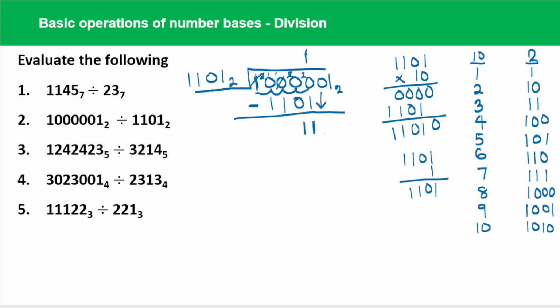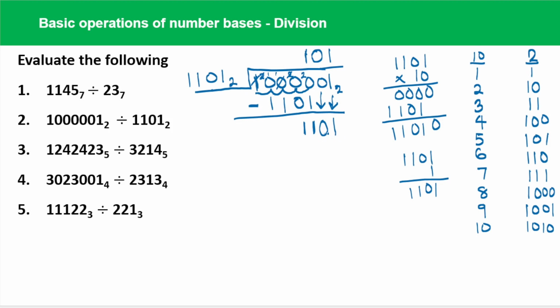The next thing to do will be to bring down the next digit, which is 0, and then we do 1101 base 2 in 110. That is impossible, so we fill this space with 0, and then we bring down the last digit 1, that is 1101. 1101 divide 1101, obviously that will be 1 because they have the same value.